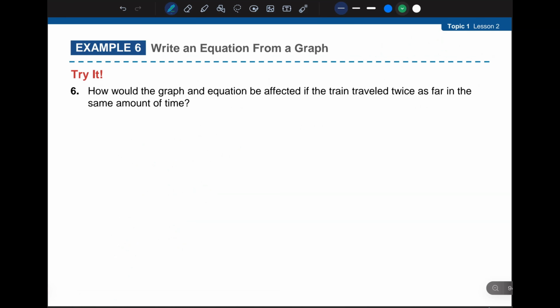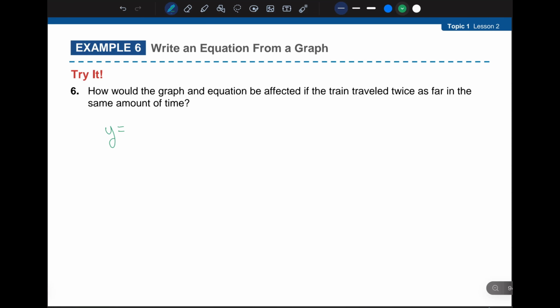Now, how would the graph and equation be affected if the train traveled twice as far in the same amount of time? Well, travel, that would be your y value, right? Well, if we adjust the y value and it's taking us twice as far in the same amount of time, that's going to be a vertical stretch. So let's think about that. Everything would be stretching by a factor of 2.